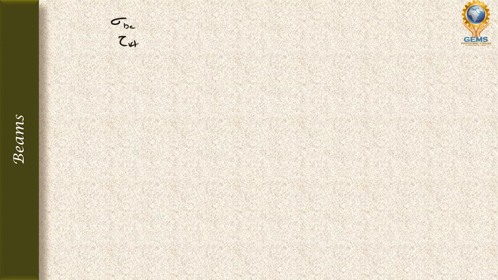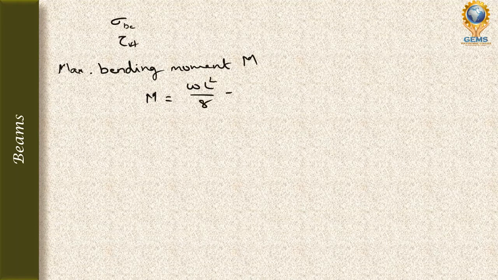Now we find the maximum bending moment. So M is equal to W L square by 8. W is 60 into 8 square by 8. That is equal to 480 kilonewton meter.